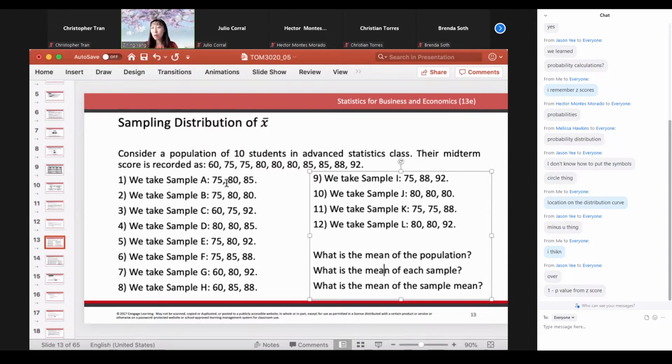Is sample one a very good representation of the population? Is sample two a good representation? Is sample three? So you calculate the mean for every sample. After you do that, the last question is: what is the mean of the sample means? Because we have 12 samples, you should have 12 numbers, each sample has a mean. So what's the mean of the sample means is the last question.